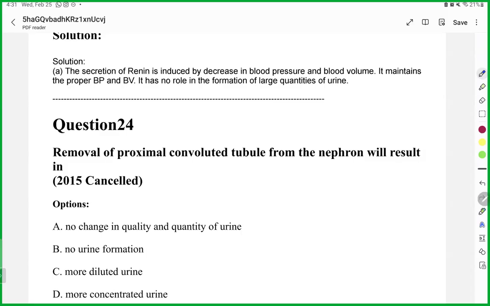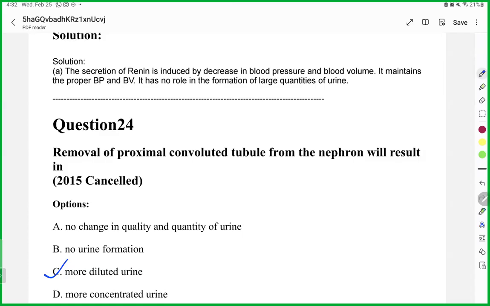Yes, sir, is it more diluted urine? Yes. Because PCT absorbs 70 to 80% of electrolytes. So if you remove PCT, all these electrolytes will be present in the filtrate, and it absorbs a lot of water also.